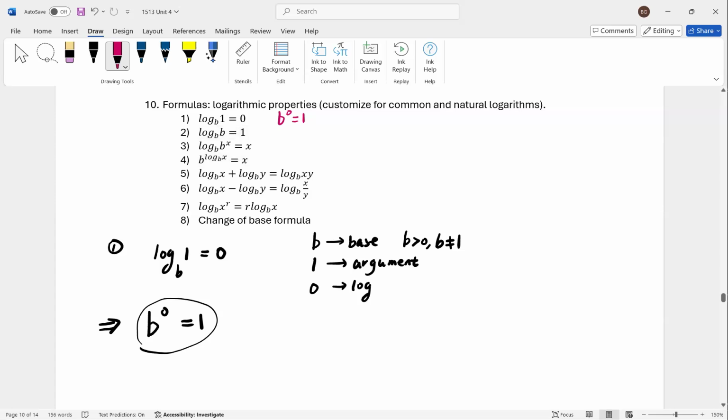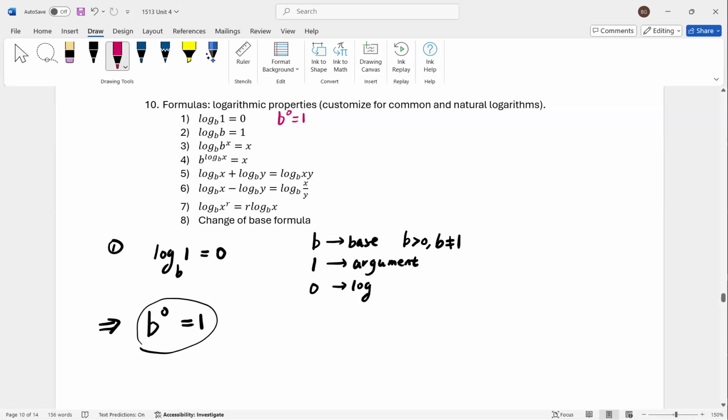So I explained the reason because those two expressions are equivalent. And b to the power of 0 equals 1 is a true statement. Any non-zero quantity raised to the power of 0 gives 1. So that's the first formula. Now we need to memorize, okay? Whenever you see the argument of the log is 1, the value of the log is 0.